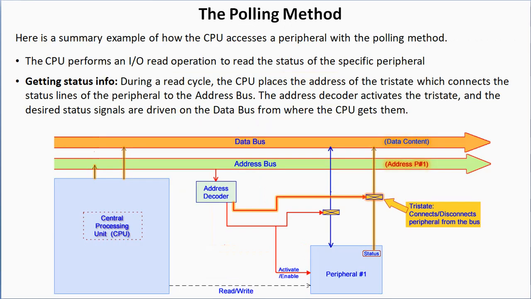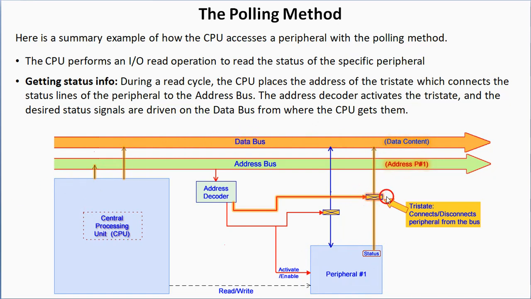So this is the polling method, and here is a summary example for how the CPU can access a peripheral with this polling method. First, the CPU will perform an I/O read operation to read the status of the specific peripheral. So the peripheral will be able to drop its data on the data bus from where the CPU can read it. So getting this status information requires a read cycle by the CPU.